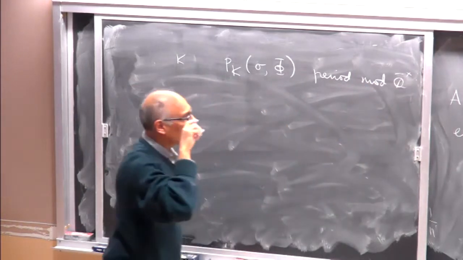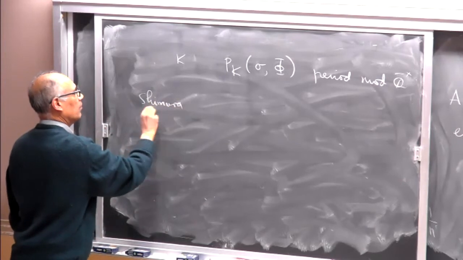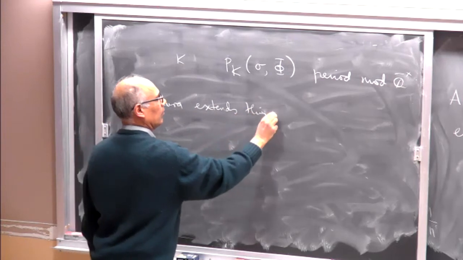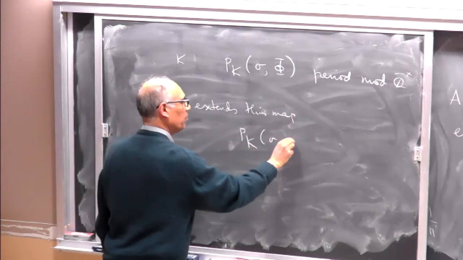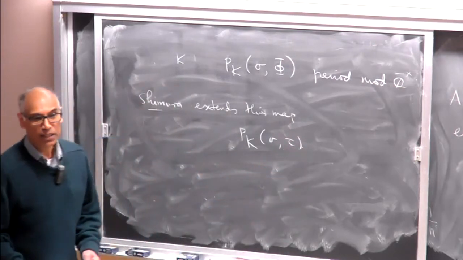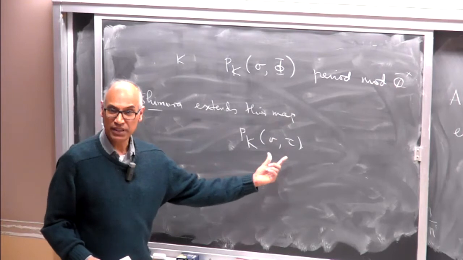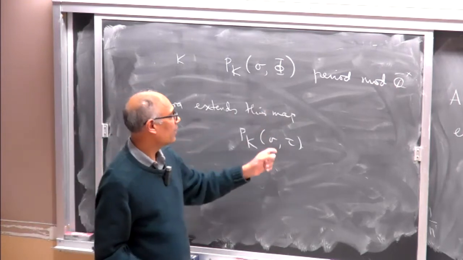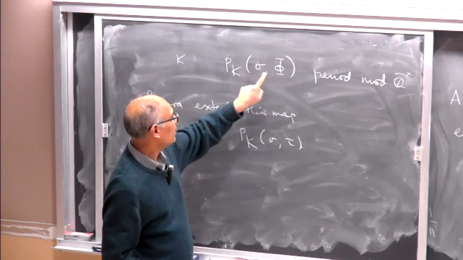Okay, now what Shimura does is he extends this map to define, for any two embeddings sigma and tau, something which is kind of like a virtual period. Okay, now this comes from a motivic construction. Here I had a very specific single element and a CM type.